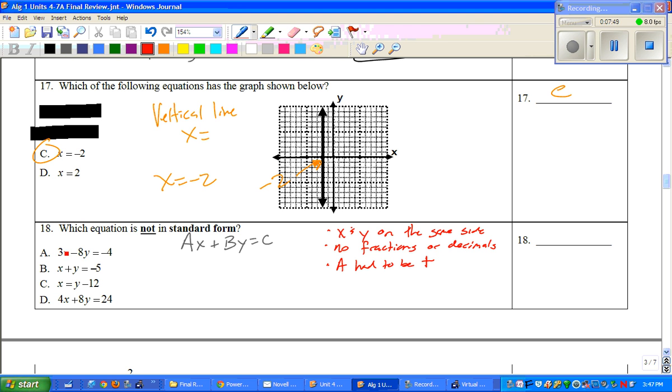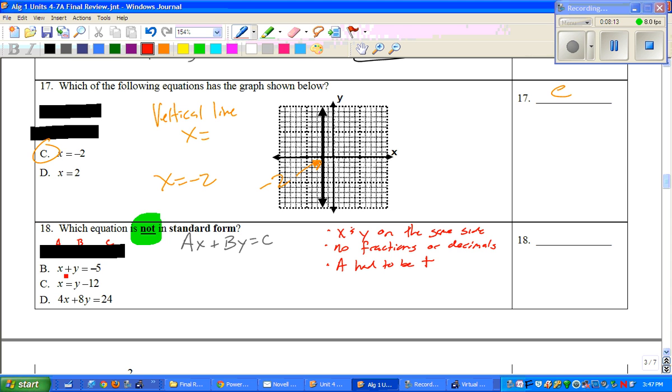So A, the first one, ax plus by equals c, that's how all that works out. X and y are on the same side, there are no fractions, and a is positive. So that is in standard form, because we want ones that are not.